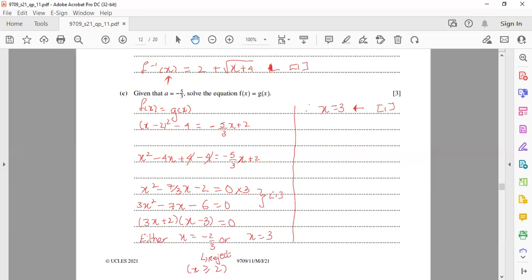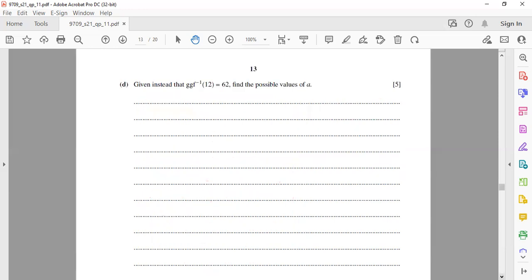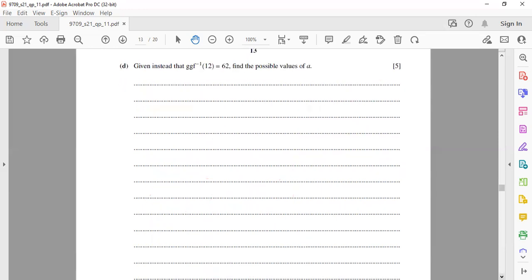Okay, so moving on to part D. Given instead that g of f inverse of 12 is equal to 62, find the possible values of a. All right, so let's do it step by step.